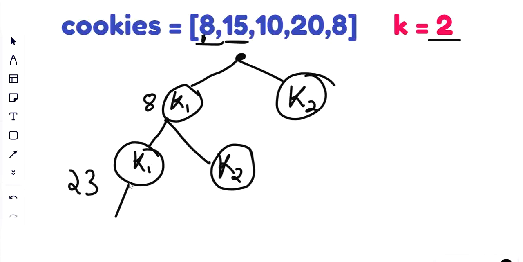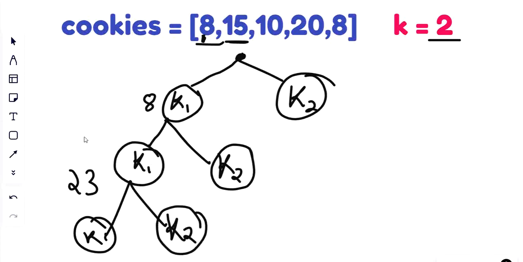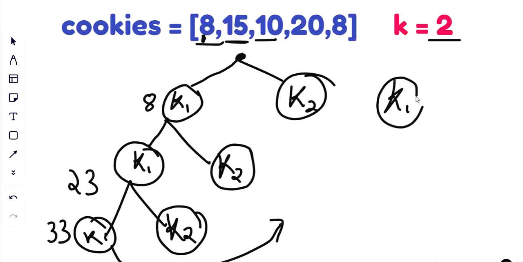So again there will be choices, again kid 1 and kid 2, right? So this will be 23 plus 10, so it will become 33. Again I gave this bag to kid 1. Again I will proceed, so just assume that this is gone that side. So we are again having kid 1 and kid 2.